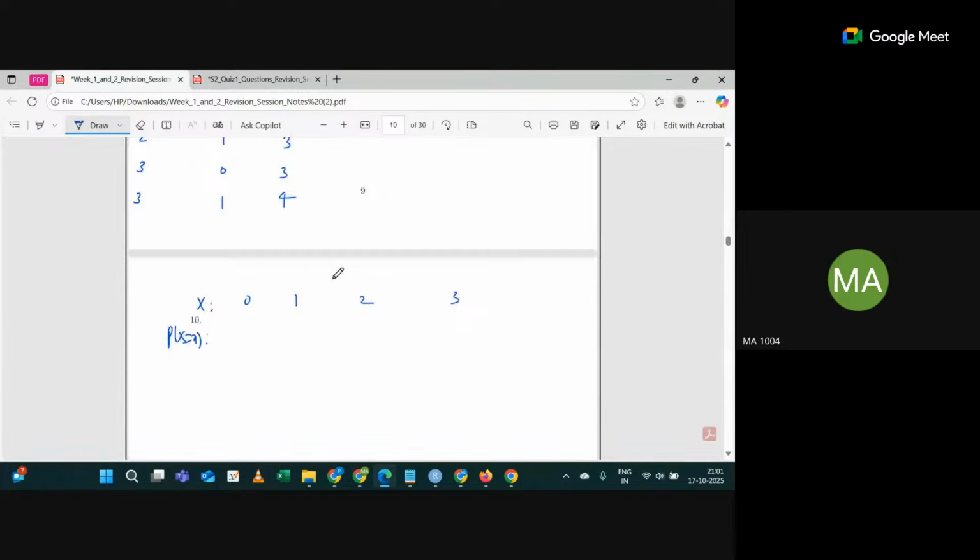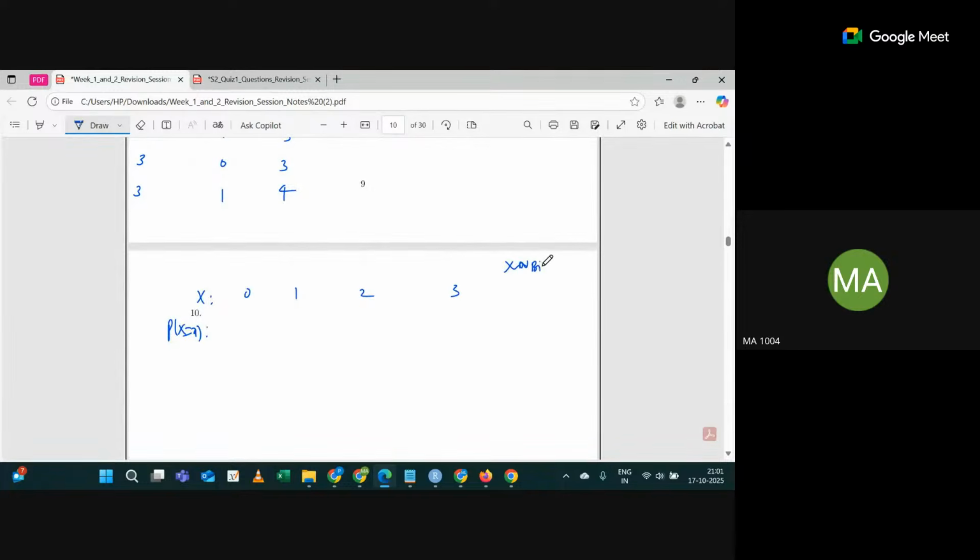X is binomial 3 comma 1 by 3, so it will be 3C0, 1 by 3 raised power 0, 2 by 3 raised power 3, correct? So this is 8 by 27.